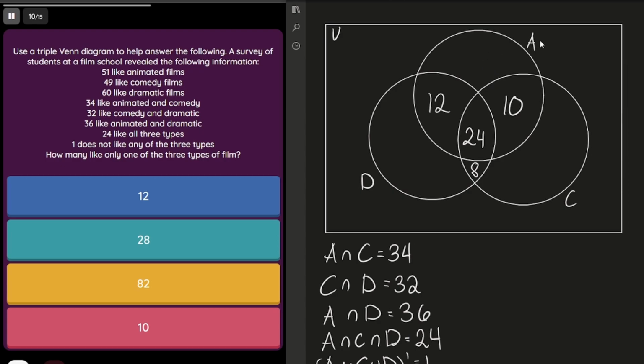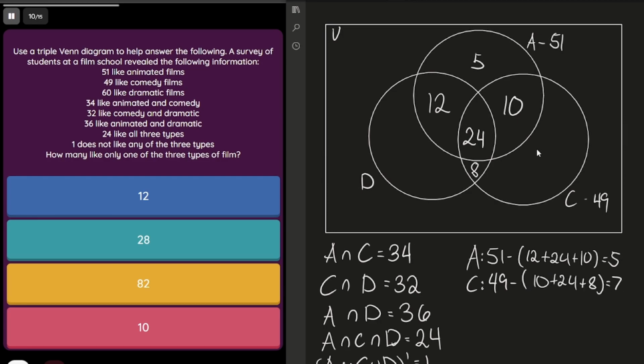The total number of people who like animated are 51. If you take that 51 and take away those who like other films, you would get 5. 5 like animated only. The total number of people who like comedy films are 49. Take that 49 and take away those who like the other films also. And we get 7.